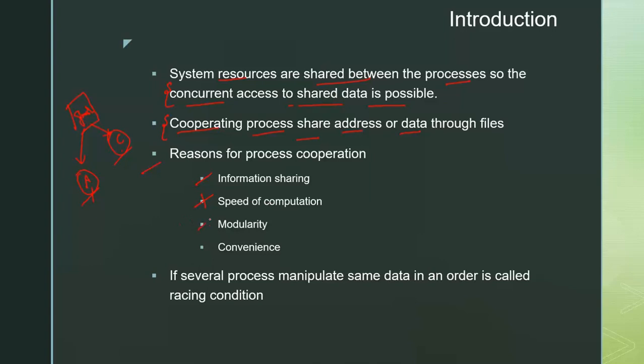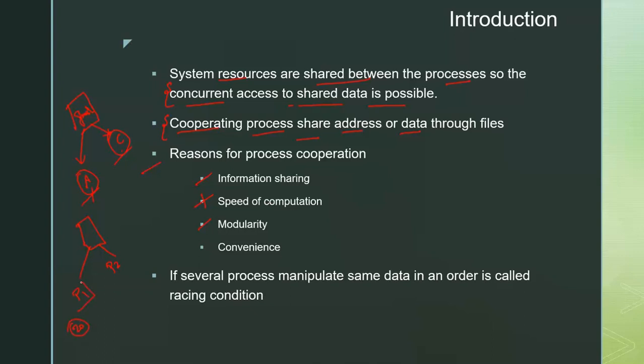Next is modularity, so you can divide any task between two different processes. Say you have a file of 100 pages, and you have two printers, printer 1 and printer 2, and you want this to be printed within, say, 20 or 30 seconds.